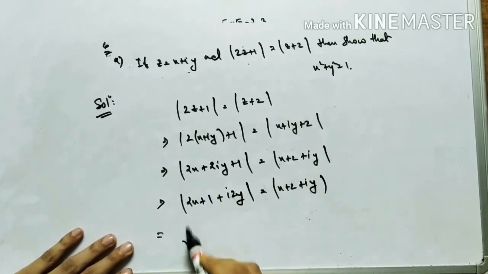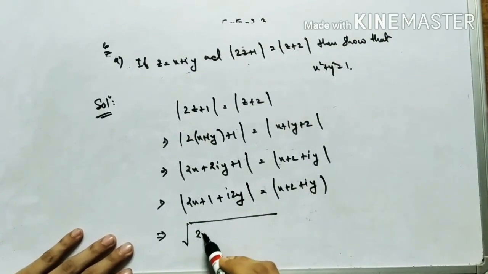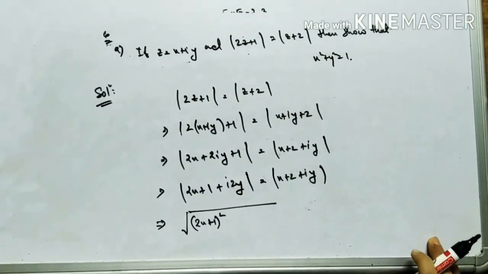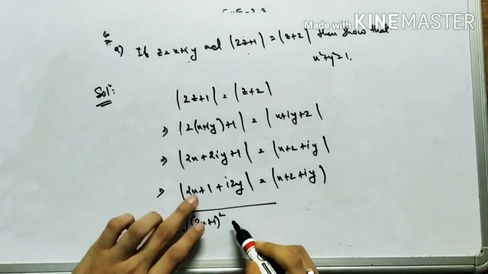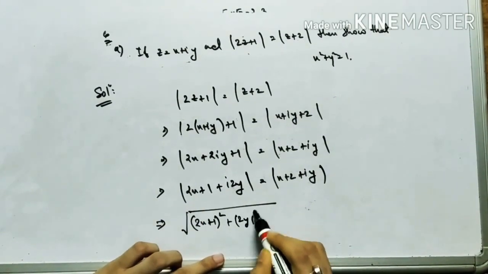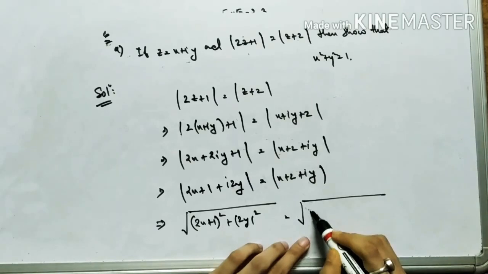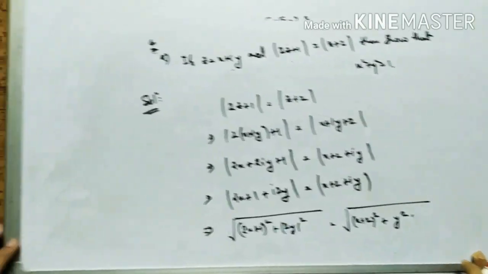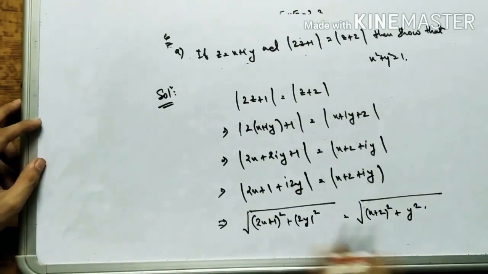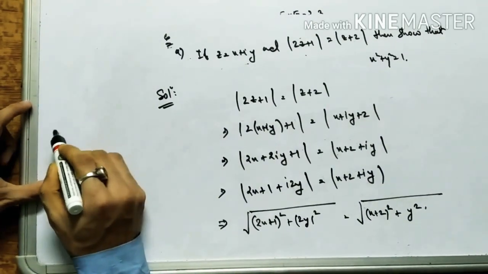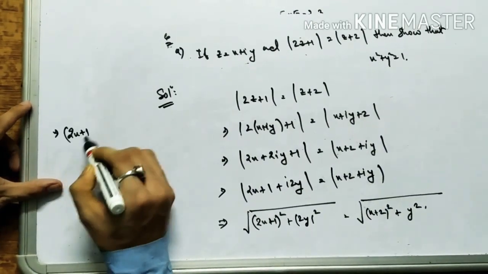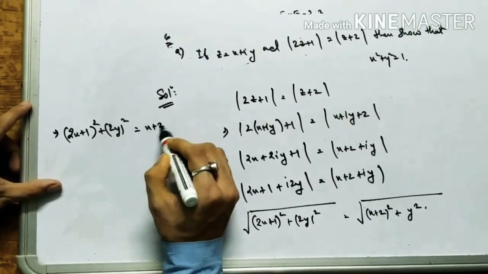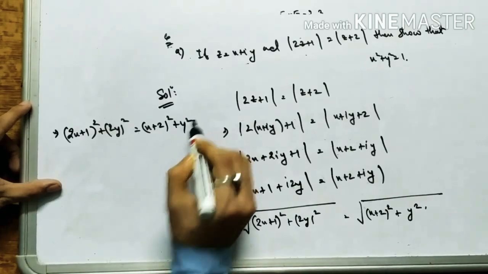So this will become root over (2x plus 1) the whole square plus (2y) the whole square is equal to root over (x plus 2) the whole square plus y square. Squaring both sides, I get (2x plus 1) whole square plus (2y) whole square is equal to (x plus 2) whole square plus y square.